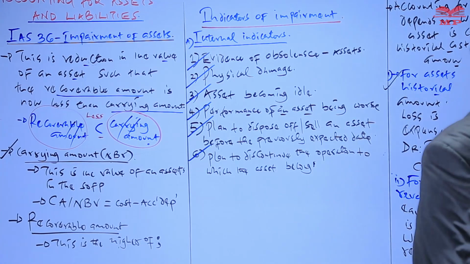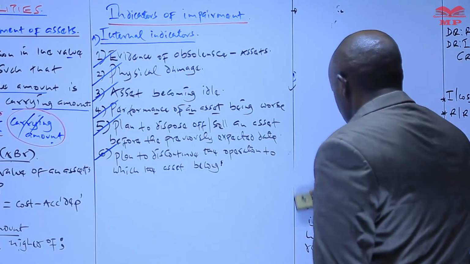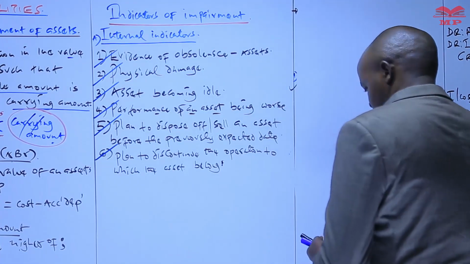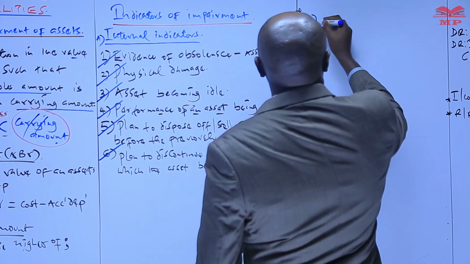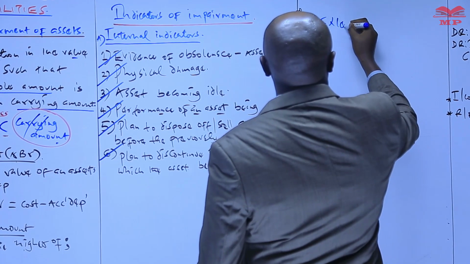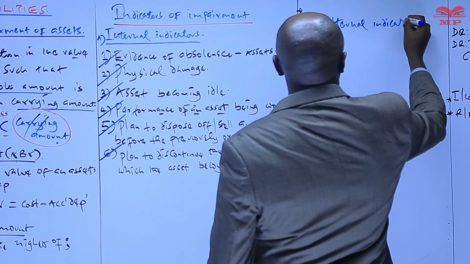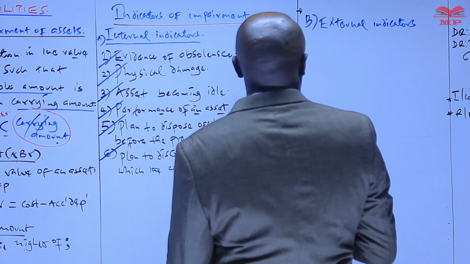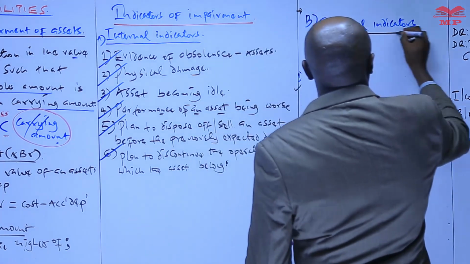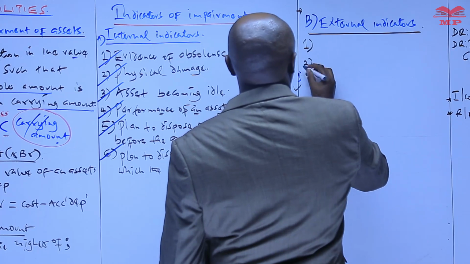So then let's proceed and look at external factors which could show that the asset is impaired. So external indicators of impairment. External indicators are those particular factors which show that the asset could be impaired and which are not within the control of the entity.